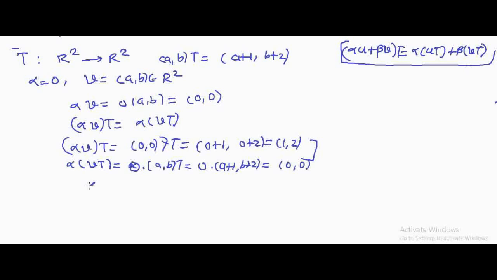That means T of alpha v is not equal to alpha times T of v. The condition of homomorphism is not satisfied, and therefore the mapping defined by this relation is not a homomorphism. So this is an example of a mapping which is not a homomorphism.